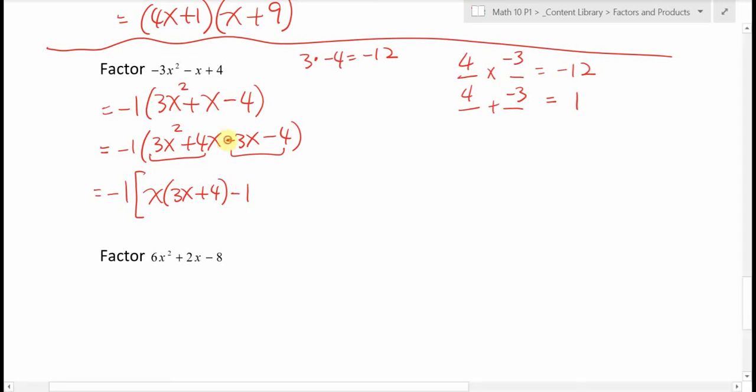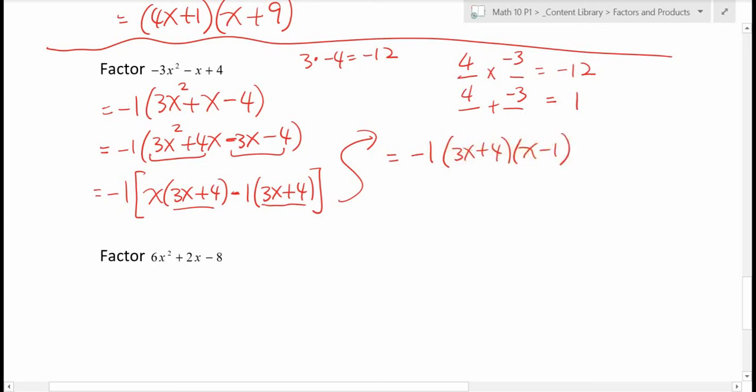Because it's a negative sign, I'm going to keep the sign negative and divide those two terms by -1, and you should get 3x plus 4 as well. Clearly, these two brackets are the same, and therefore we did it right. So -1 is still there. If you factor 3x plus 4 out, you should end up with x minus 1. And that is your final answer. Okay.